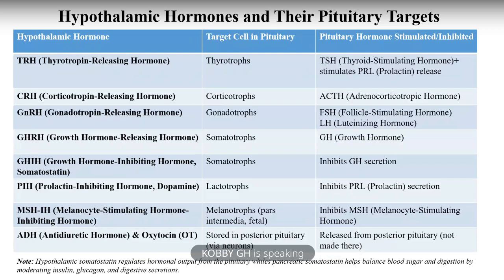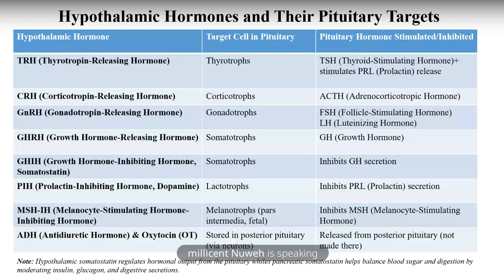Okay. Which gland produces prolactin inhibiting hormone? The hypothalamus. Which gland produces follicle stimulating hormone?